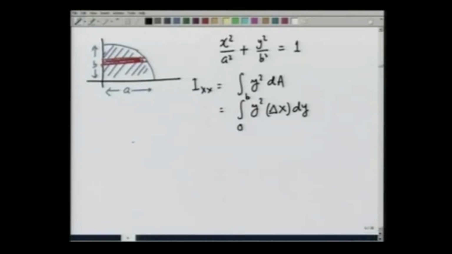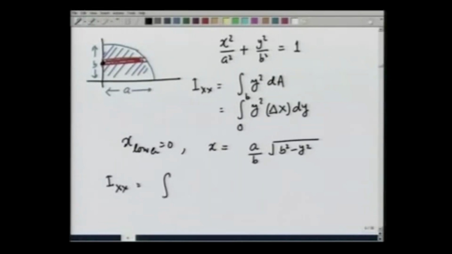From the equation, x lower is 0, that is this point, and I also know from the equation of the ellipse that x is equal to a over b, square root of b squared minus y squared. Therefore, Ixx is going to be the integral from 0 to b of a over b, y squared times the square root of b squared minus y squared dy.